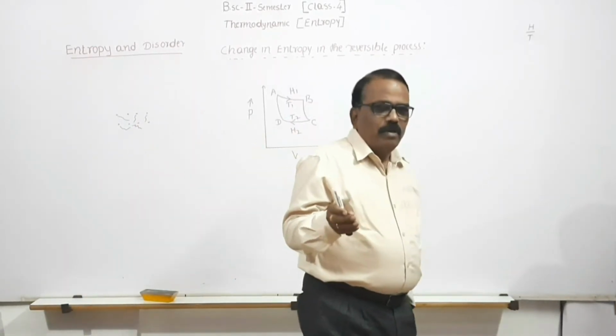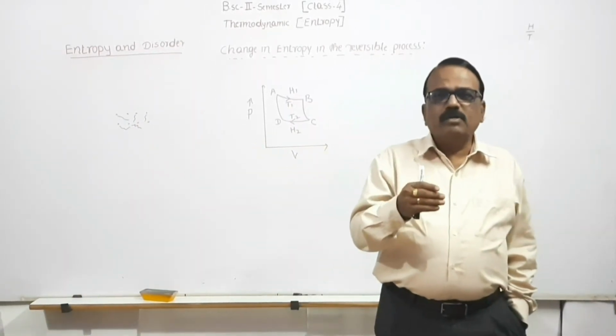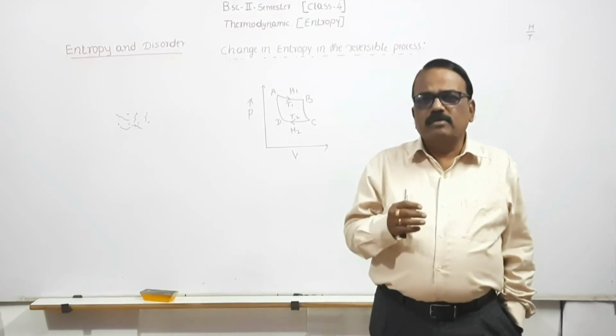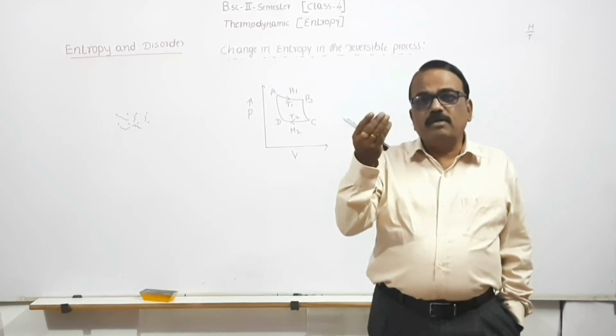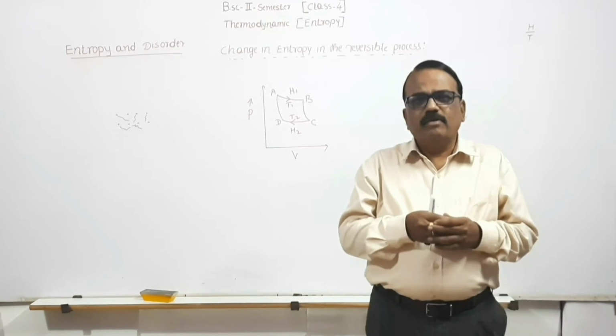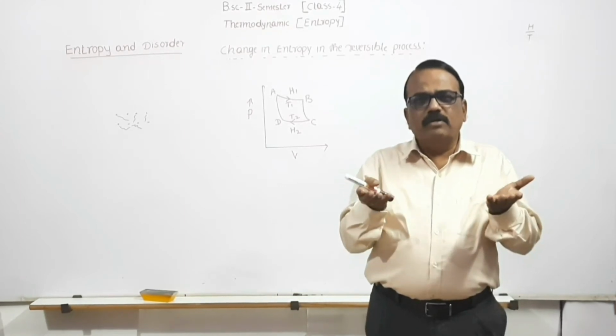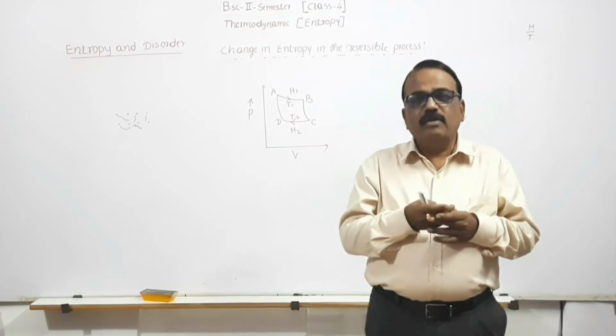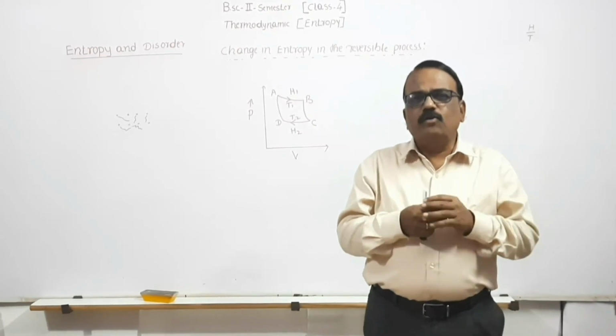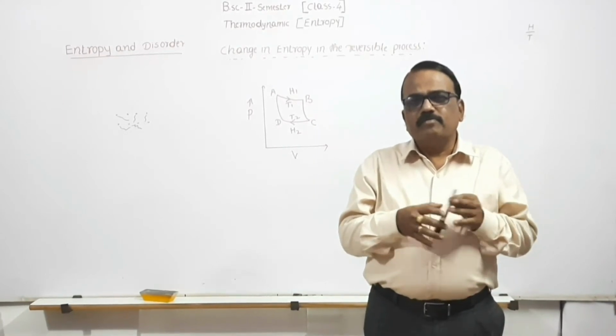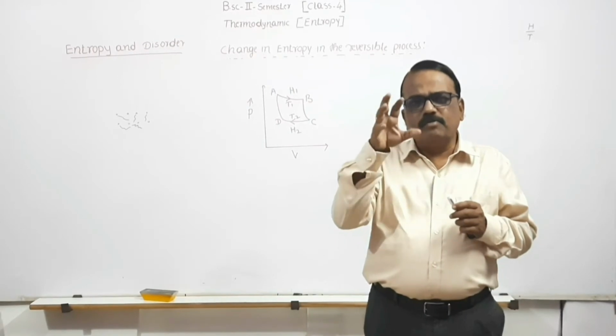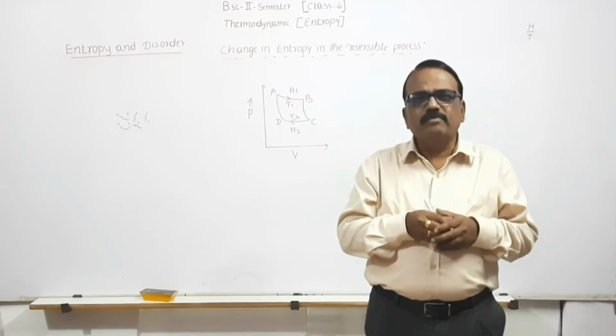So in the same way, if you increase the temperature, if you increase the entropy, you know that disorderness increases. If you decrease the entropy, it means you are taking heat away from the system, temperature is decreasing.